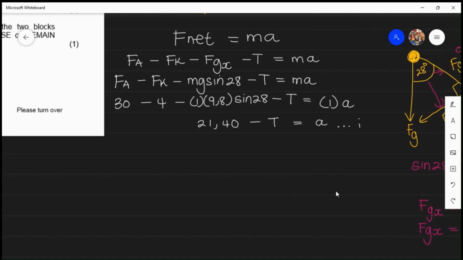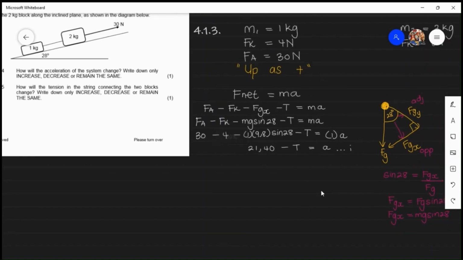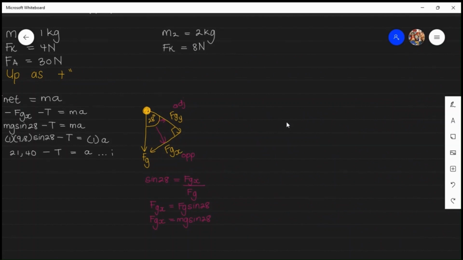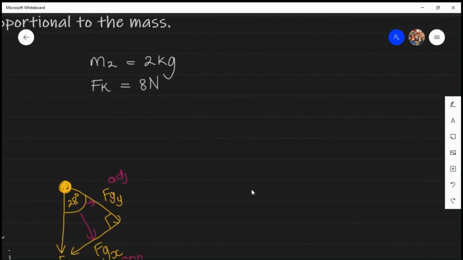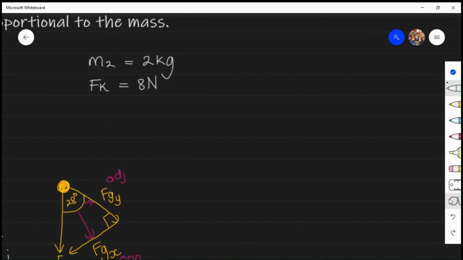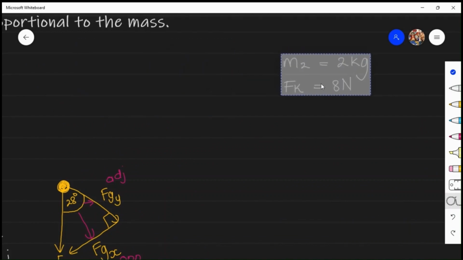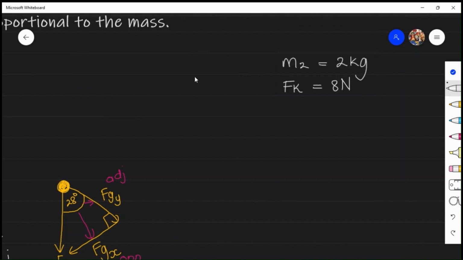So let us now get an equation for our 2 kg mass. So we have our formula F net equals MA. We now need to break up F net into all the different forces that are acting on our object.